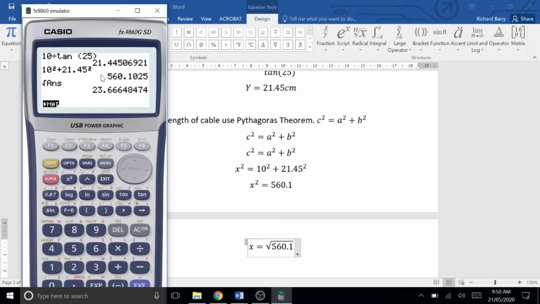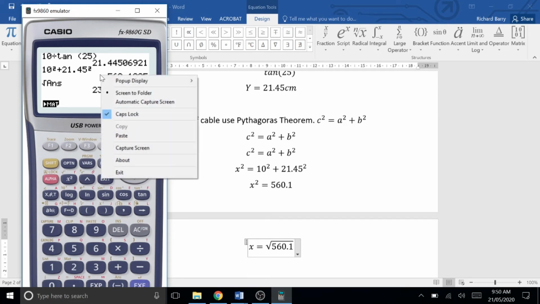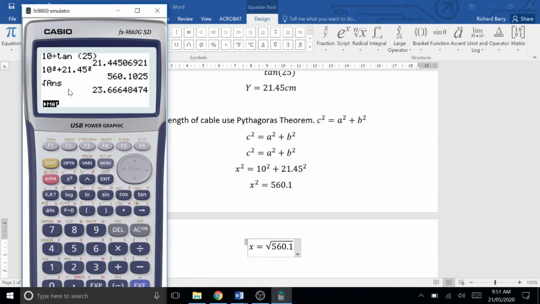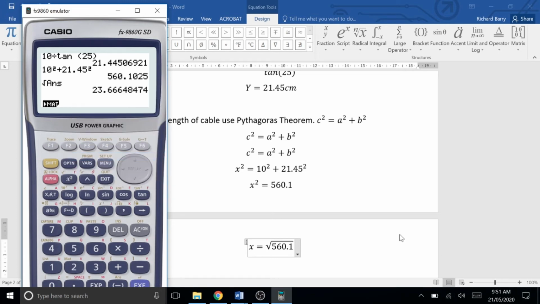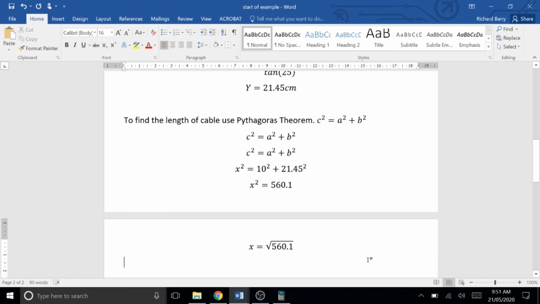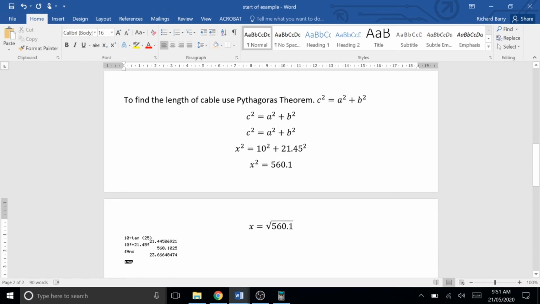Enter. And just for fun, I'll show you can actually take a picture from your calculator screen and put it here. I'm actually going to sneak it in the side. So here's the calculator screen. Right click, capture text this part here. I'm going to put that around somewhere else in a minute. There's background info. What's the number? 23.